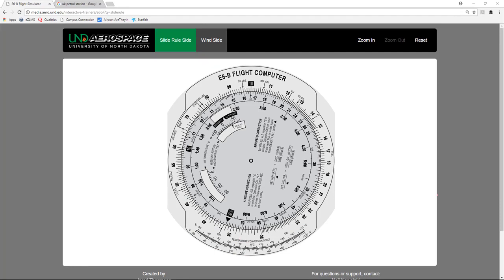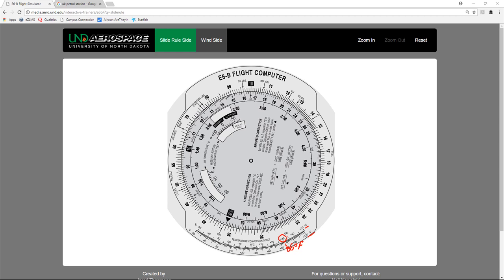So if we look, Celsius is the top line, Fahrenheit's the bottom line. So 30 degrees Celsius is right here. So that would be about 86 degrees Fahrenheit. So 30 degrees Celsius is a pretty nice day.